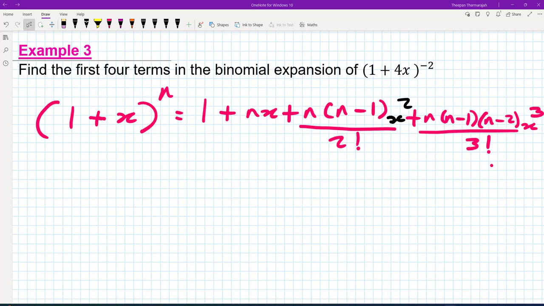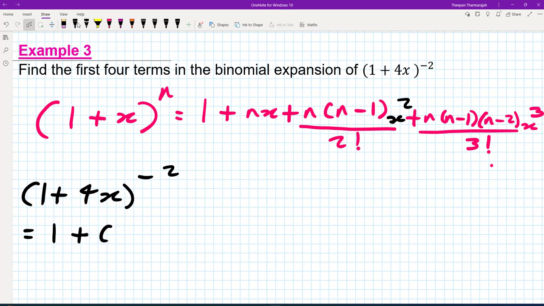So in the next example, we need to find the first 4 terms in the binomial expansion, or the binomial series, if you like, of 1 plus 4x raised to the power of minus 2. So let's write that down. In our case, it's 1 plus, now n is going to be minus 2, times, instead of x, we've got 4x.